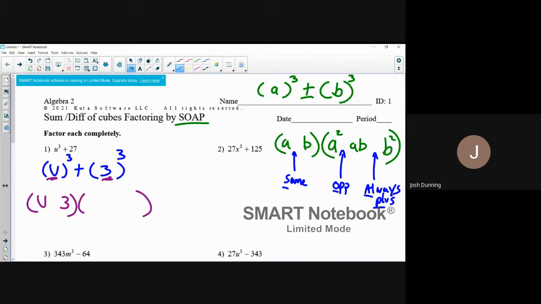So for my trinomial, I square the first, u squared, then the middle I multiply them, u times 3, 3u, and then square the second one. 3 times 3 is 9.